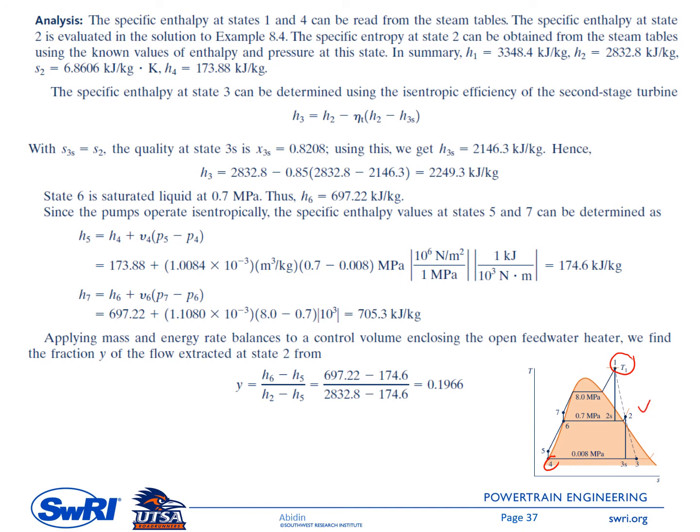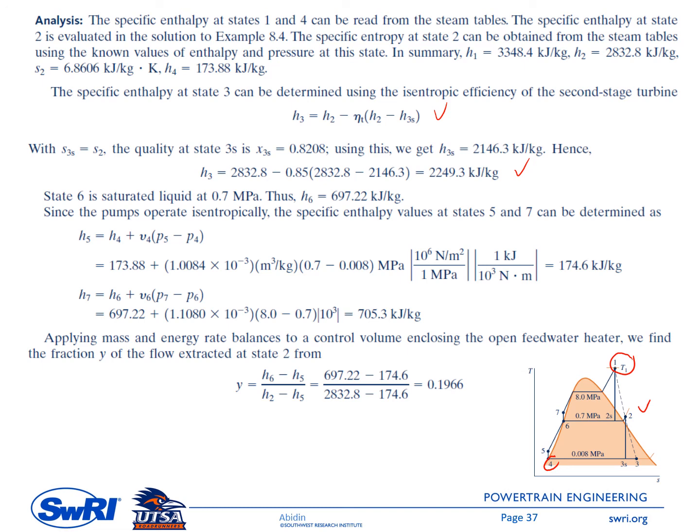State number 3, we can calculate from the correlation of the turbine efficiency, pretty much the same as what we did in the previous example. So we calculate h3.